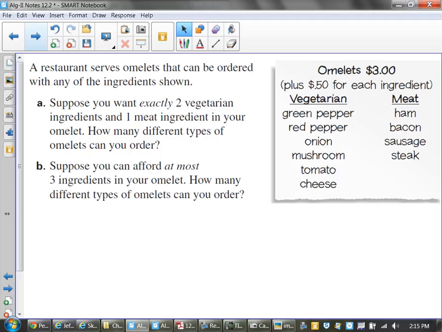I'm making an omnivore omelet. That makes sense. Eats vegetables and meat, omnivore. That's most of the human race.